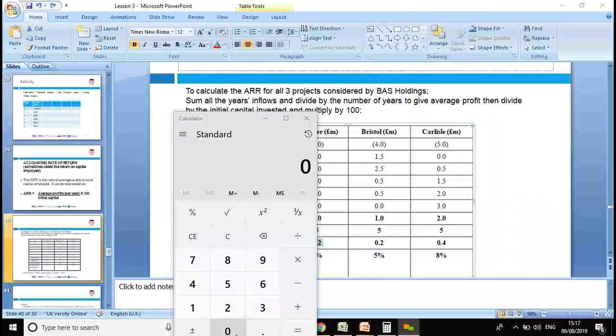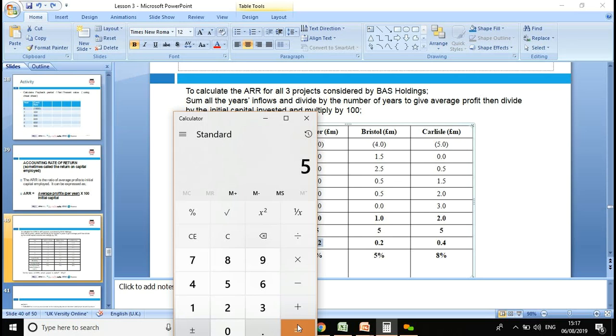So 0.2 divided by 4 times by 100, yes? So how many percent are we earning as profit? 5%. So we can compare with all options.